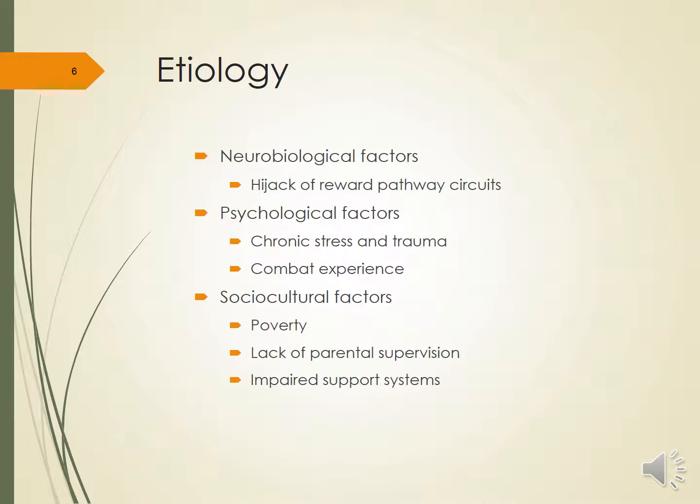One of the things that I think is most important for you to understand is the neurobiological factors of addiction. When a person starts abusing a substance, that substance can actually hijack the reward pathway circuits in the brain. And I'd like to use an example of cocaine because cocaine is the most powerful example I can think of.